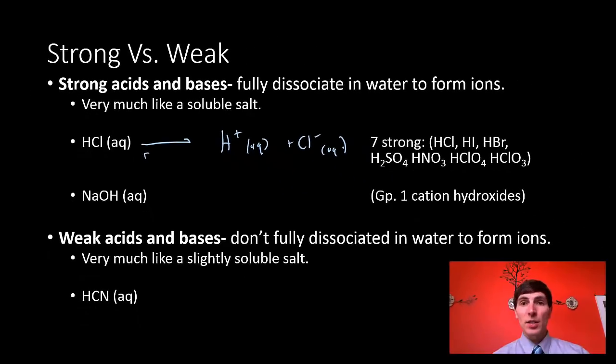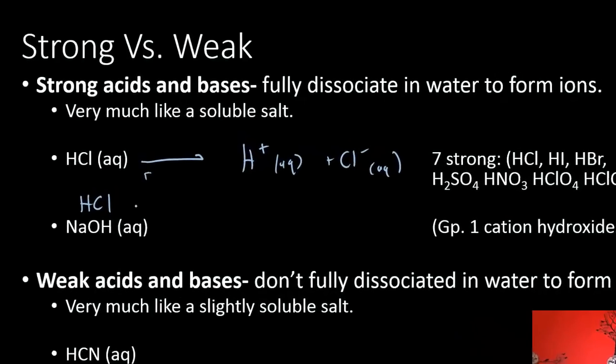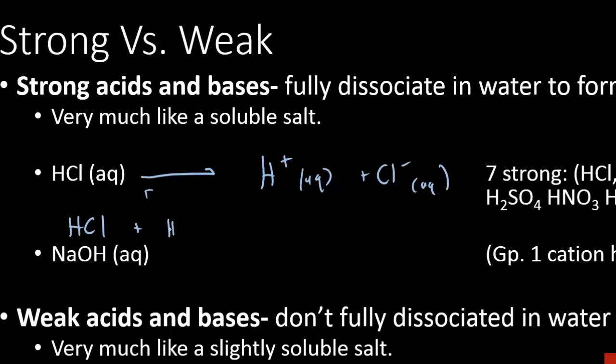There's 7 acids that do this: hydrochloric, hydroiodic, hydrobromic, sulfuric, nitric, perchloric, and chloric acid will all dissociate essentially 100% when dissolved in water. You may also see this reaction written a little bit differently because, as it turns out, when I have HCl, I'm going to leave out the phases for right now, and I dissolve it in water, H+ doesn't actually exist on its own.